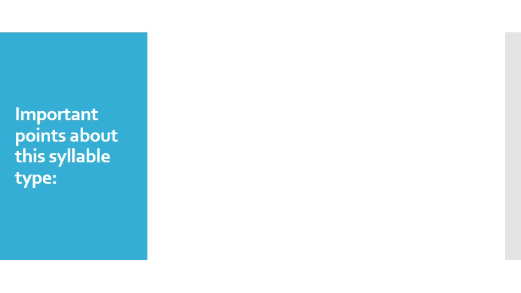Important points you have to know about this syllable type. Consonant plus LE will always occur at the end of the word. So this type of syllable is found at the end of the word only.